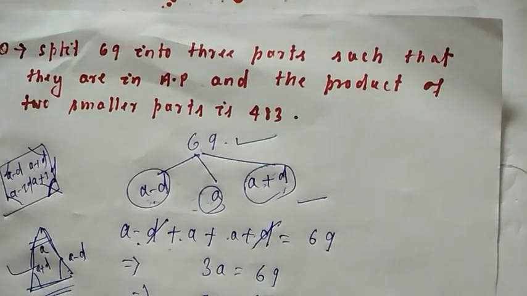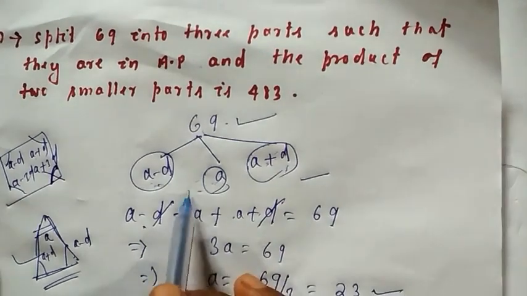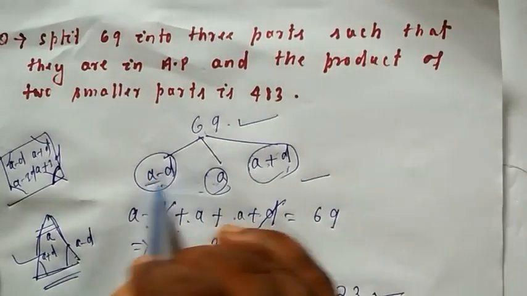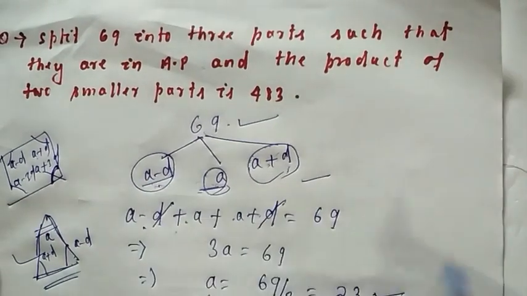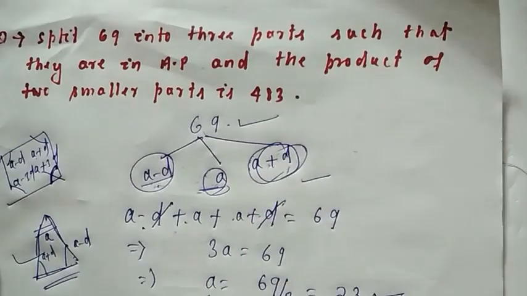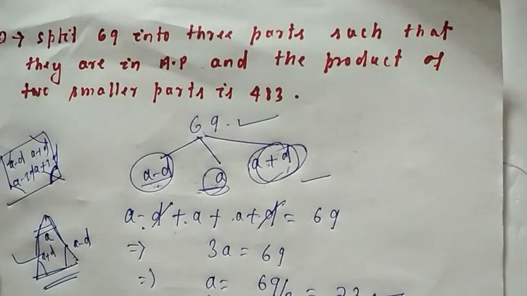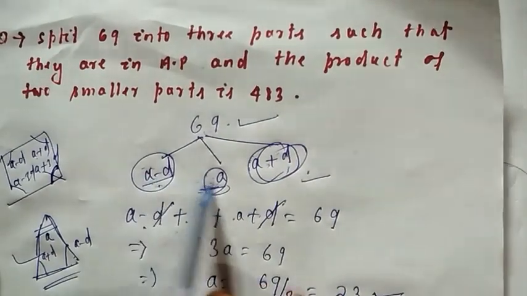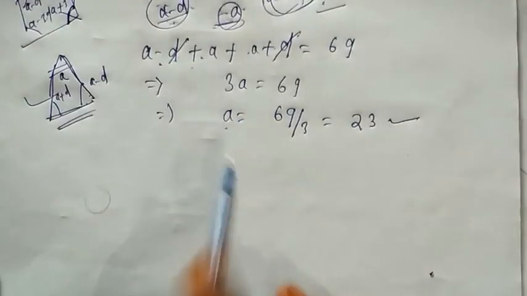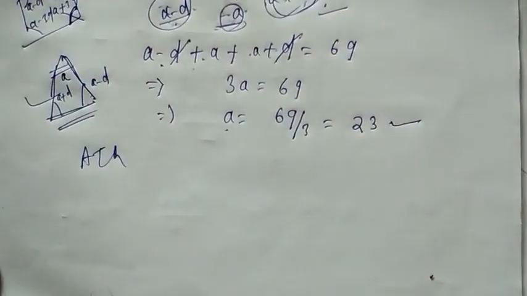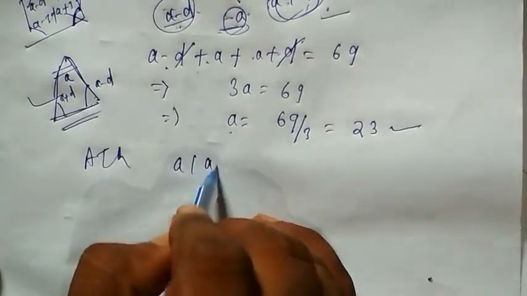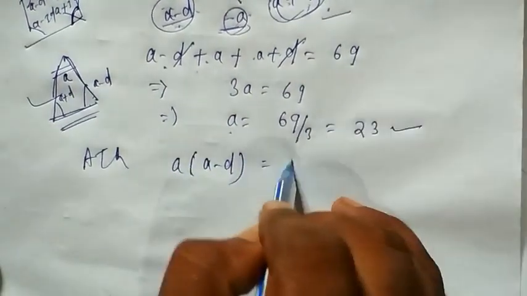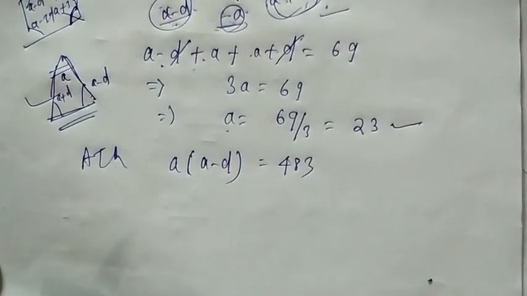Which one is the smaller number? A minus D and A will be the smaller, and A plus D will be the bigger. So according to the question, A into A minus D is equal to 483.